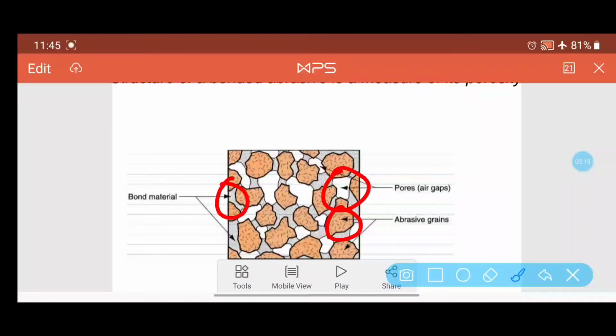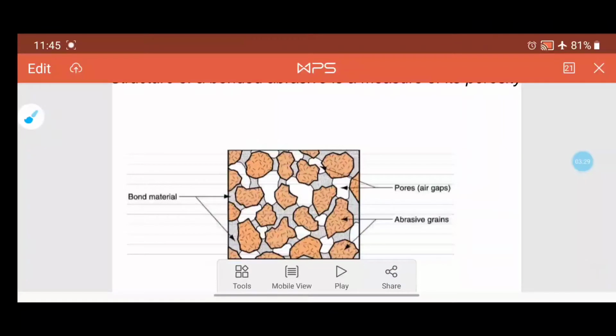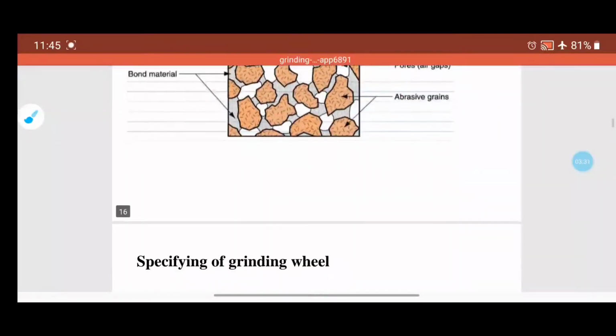This bond material is used to stick the abrasive grains together, because if the bond material is not there, the small abrasive grains will separate, and you cannot achieve the exact finish on the material.